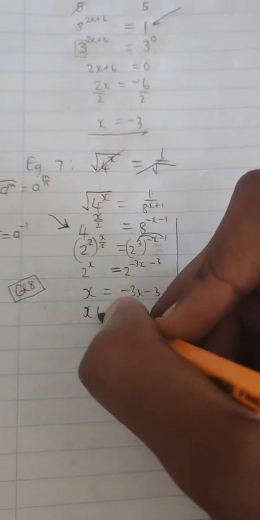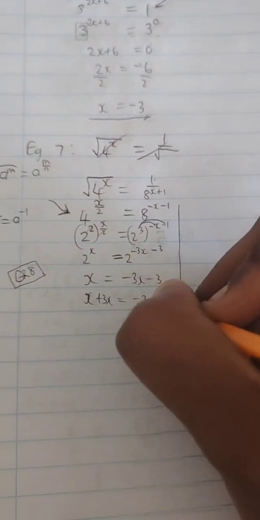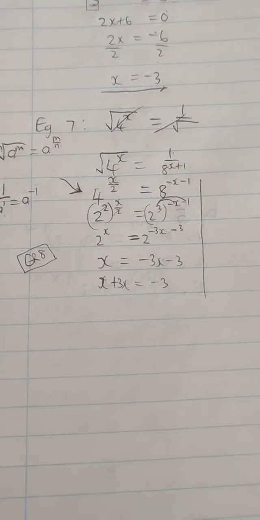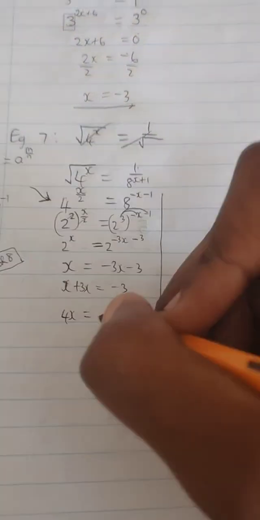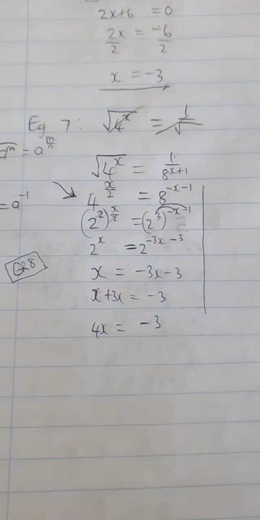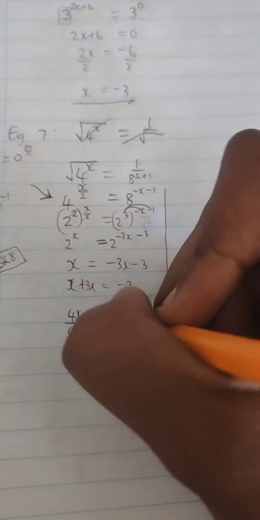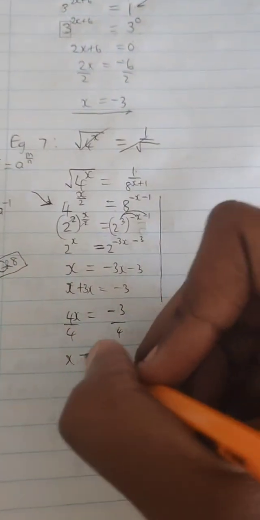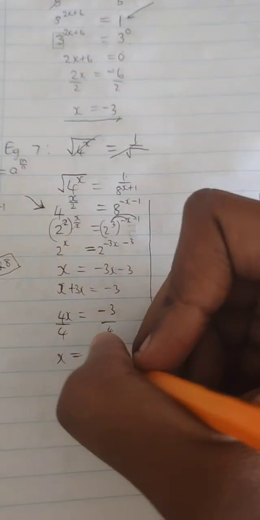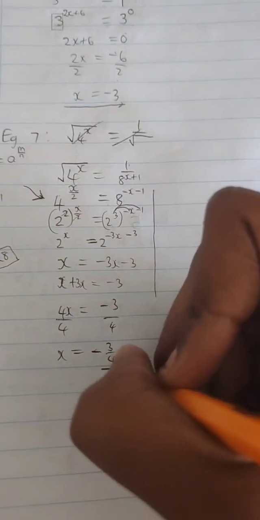So x plus 3x is equal to negative 3. On the left, when you add those like terms, you get 4x. On the right, you isolate the negative 3. You divide both sides by the coefficient of x. So you can see, guys, that the answer is supposed to be negative 3 over 4.